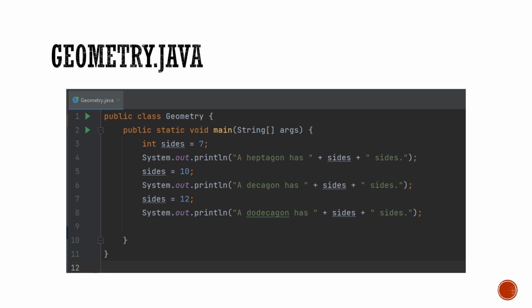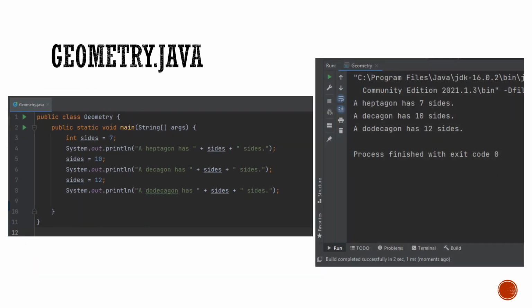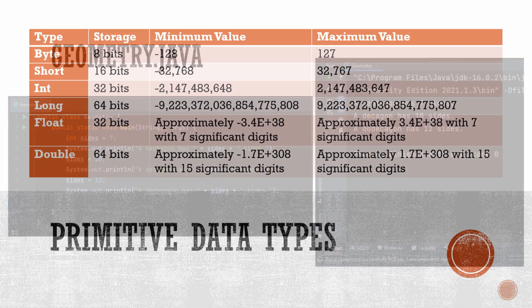We do not need to restate that it'll be an integer because the type remains the same throughout the program. We just need to say that for the next line, tell Java to replace sides with the value I give it. Thus, we will get the following output. Practice this and see what other ways you can use variables.